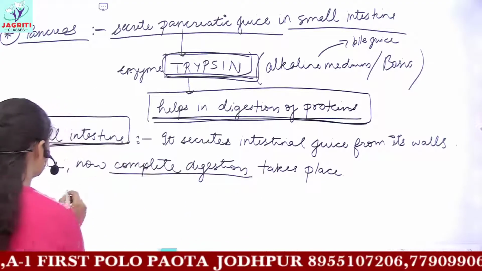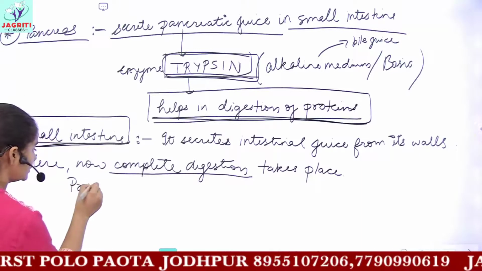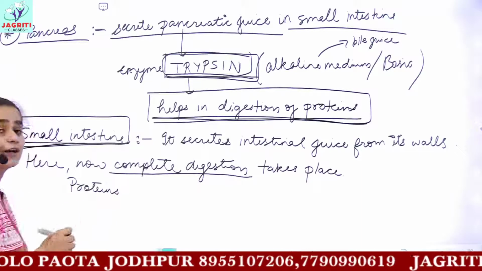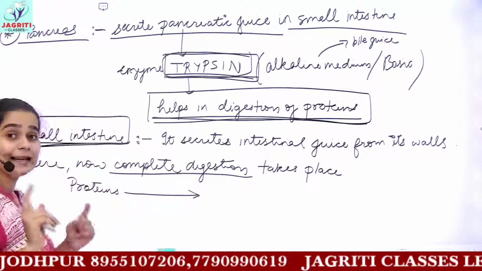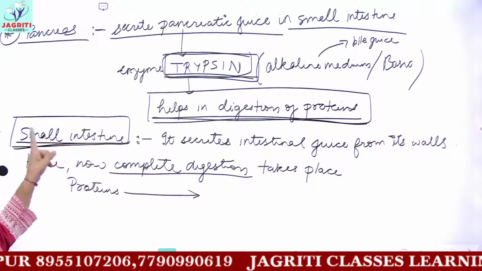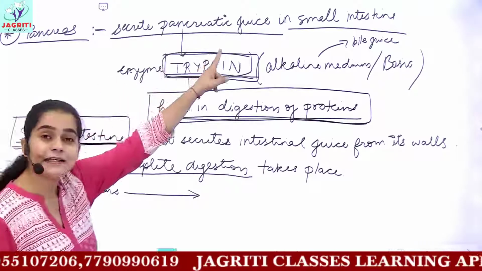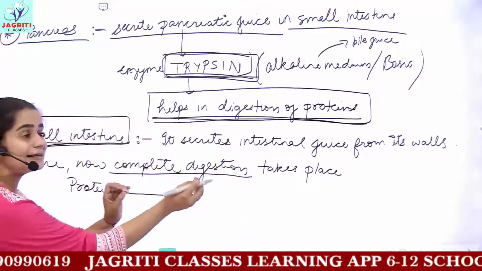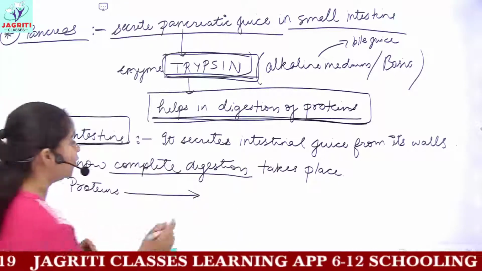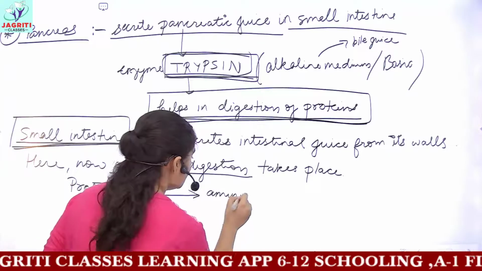And in turn, all the proteins, that is your undigested or partially digested proteins, completely get digested in the small intestine upon the action of pancreatic juice, bile juice and intestinal juice. And these proteins get converted into the simplest forms, which is called amino acids.